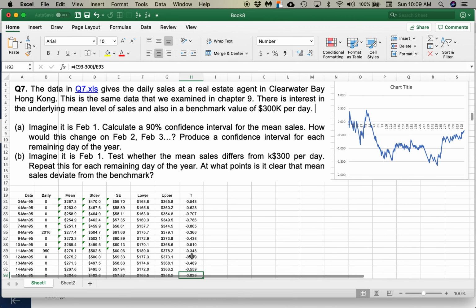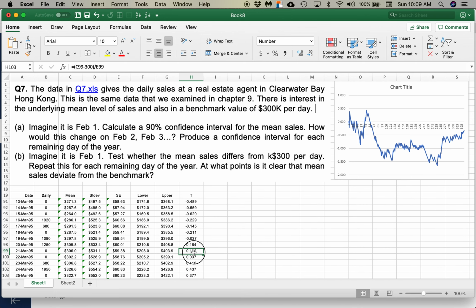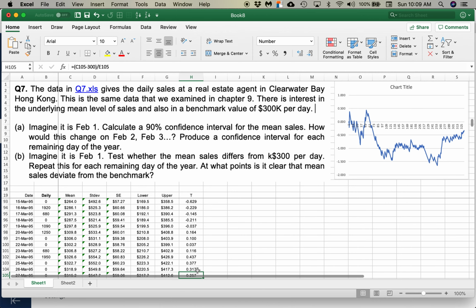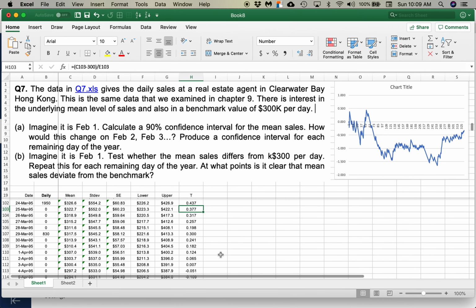Okay, here we got some positive numbers, and we get all the way up to 3.77. Those are pretty high, 3.77 standard errors above the benchmark. Yeah, it's highly unlikely that it's not true.